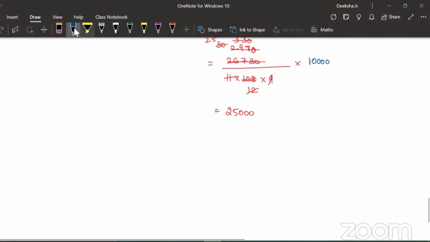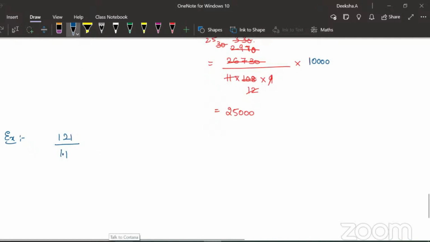So if you have a fraction in which you have decimal number only in one of the sides, either in the numerator or in the denominator. Example, if you have 121 divided by 1.1, okay, 121 divided by 1.1.